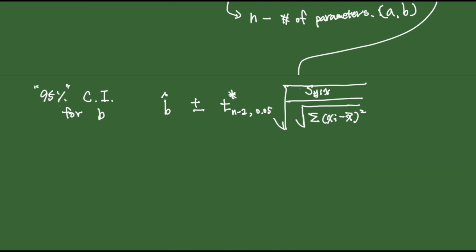So this is the 95% CI for the regression line slope.